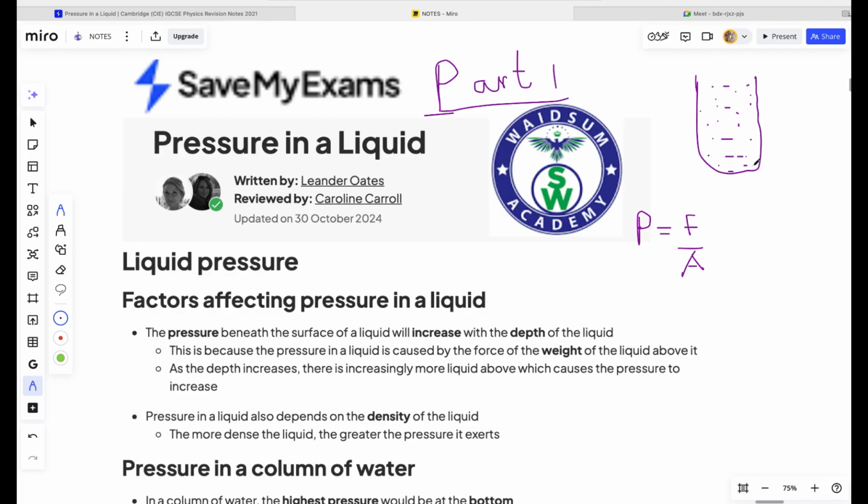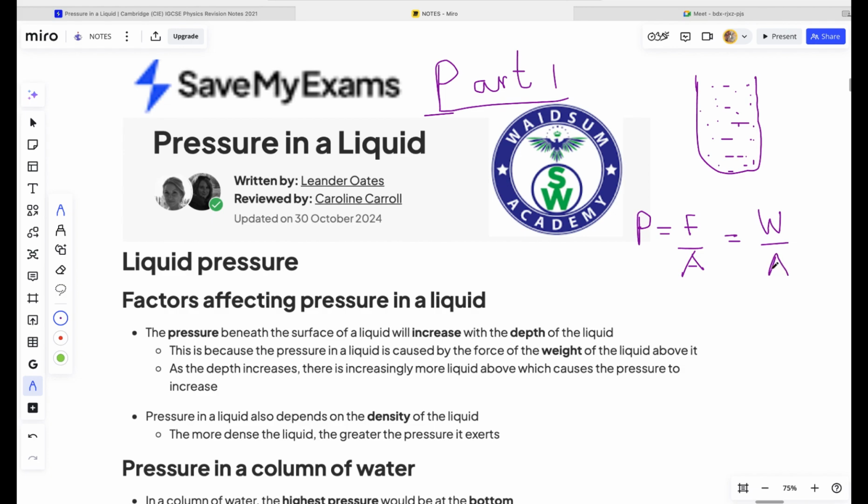All the volume of the water in the container exerts pressure at the bottom of the container. So in the case of liquid, we can call this force weight. So we can say pressure equals weight over area.